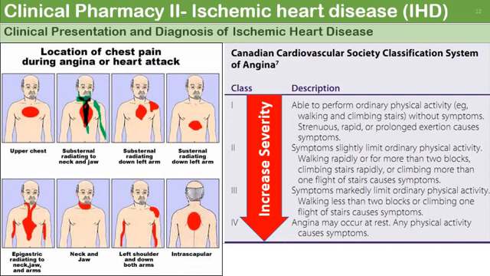Another classification of symptoms is the Canadian Cardiovascular Society Classification System of Angina. Angina can be classified from grade 1 to grade 4 according to severity. As the severity of angina or the severity of occlusion increases, the symptom will occur more frequently at minimum physical activity.